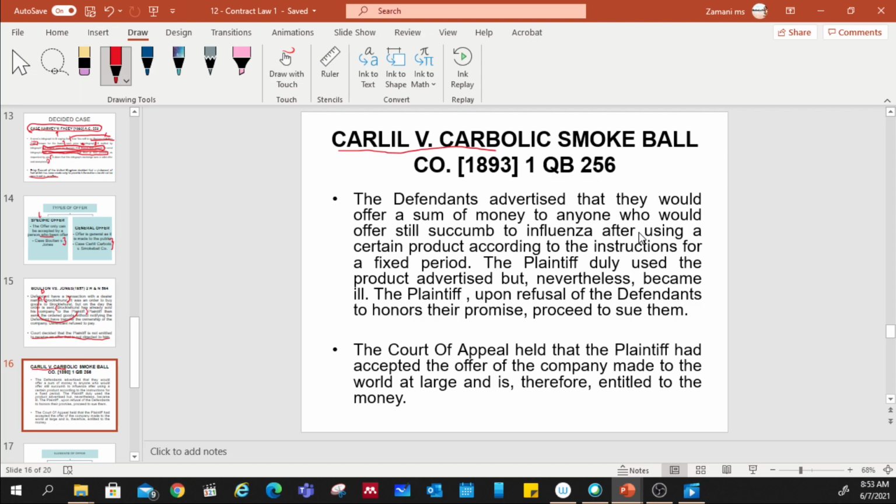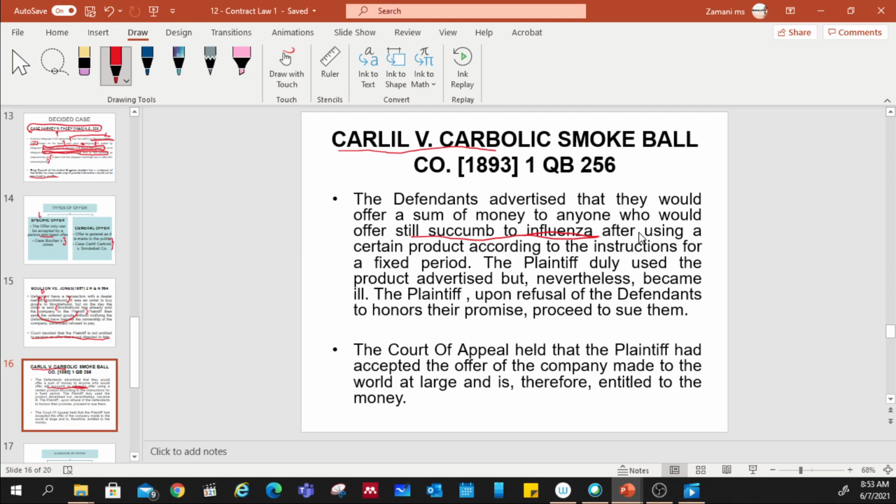So what happened was the defendants took this advertisement, which is actually an offer to the public. She was using this Carbolic smoke ball, but eventually she still succumbed to influenza. So she wants to get the money from the company, but the company doesn't want to pay for it.